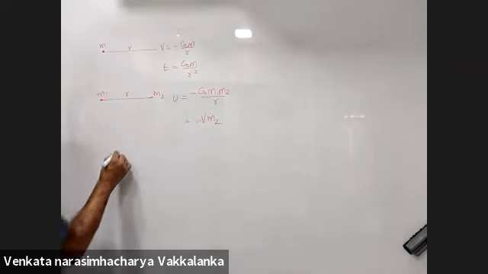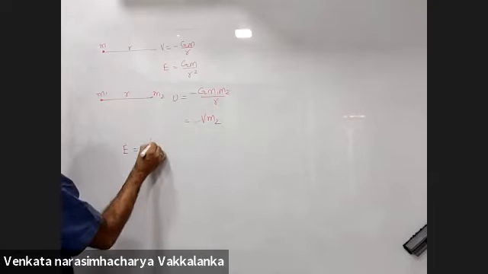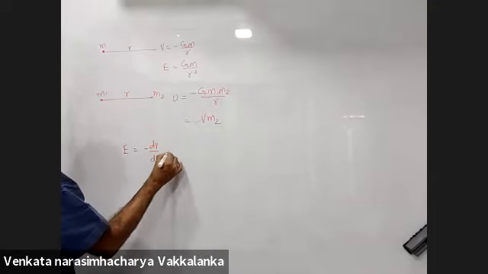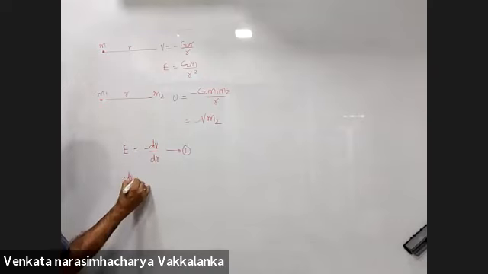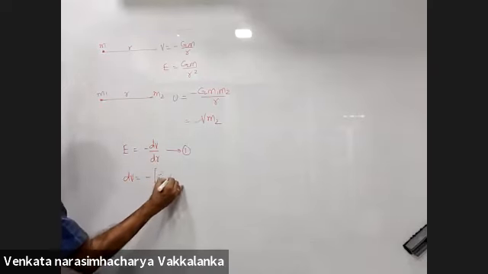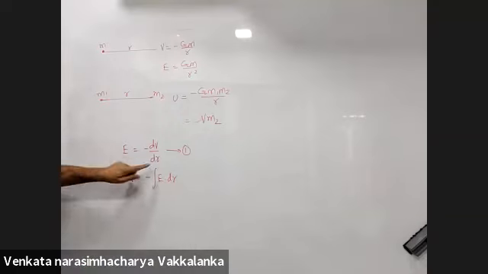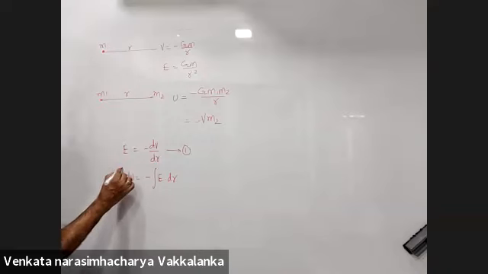Relation between field and potential: E is minus dV by dr, or dV is minus integral E dot dr. Bring dr to the left, integral E dot dr.